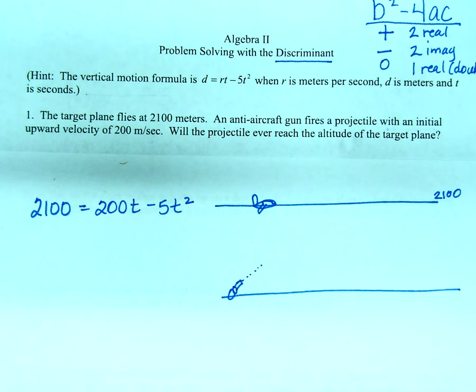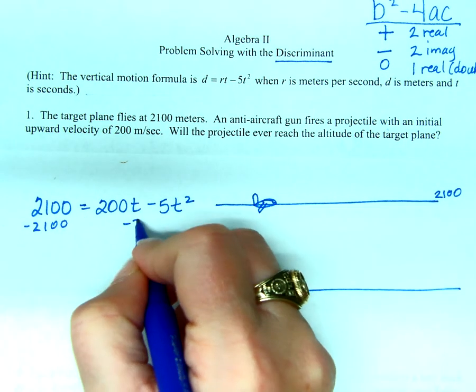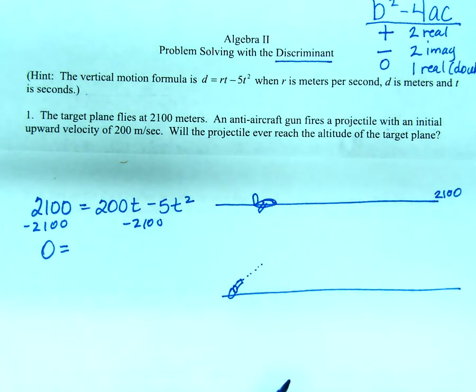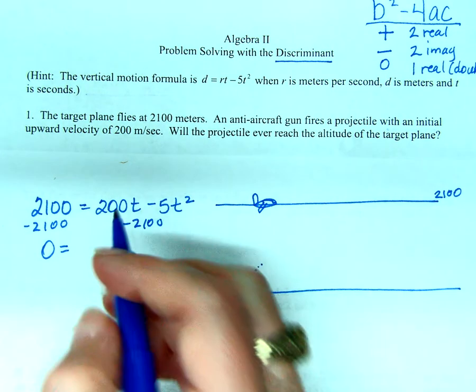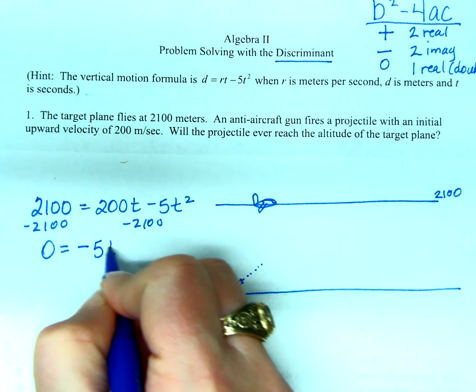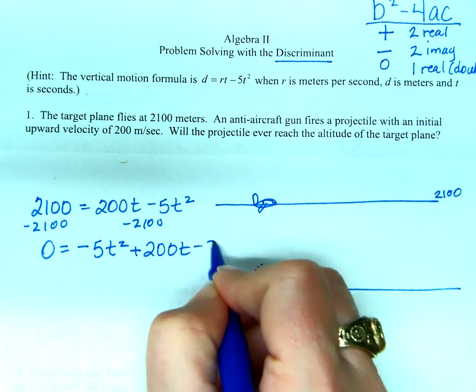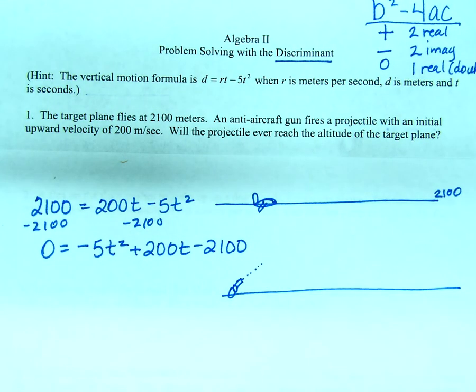If all we're finding is a discriminant, I need to get it equal to 0. Exactly right, okay? So I'm going to subtract 2100 from both sides. And I'm going to go ahead and write the equation in standard form, right? So negative 5t squared plus 200t minus 2100, because that's easier to identify A, B, and C, isn't it?